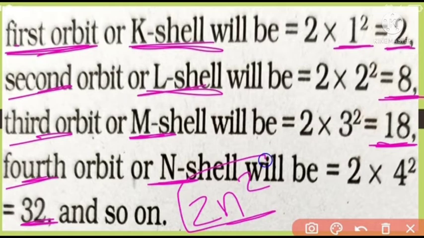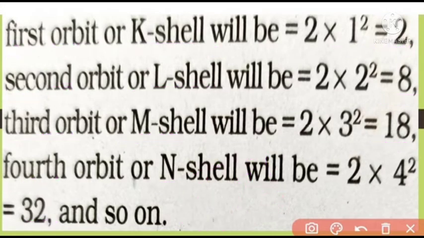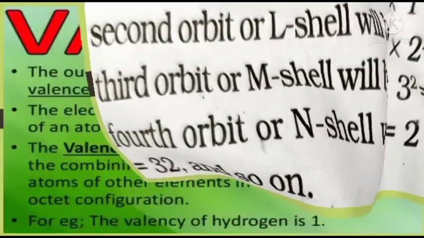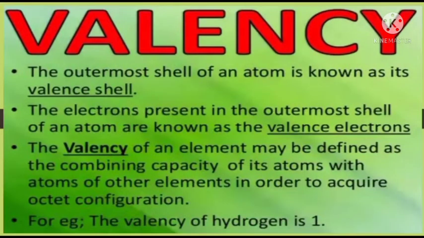This formula governs the electron distribution in different energy shells. This is the principal energy level of an atom. Electrons are distributed in these shells successively.